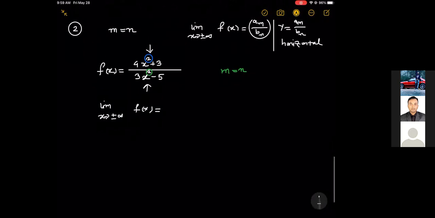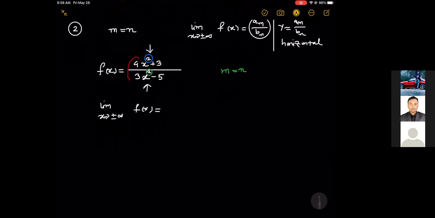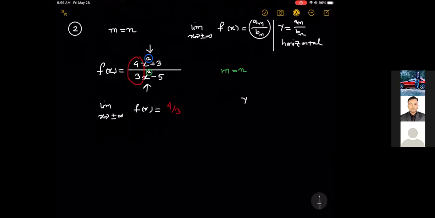So the ratio of the leading coefficients is 4/3. And also, sorry, I think I should use the white color. Sorry about that. Y equals 4/3 is the horizontal asymptote.